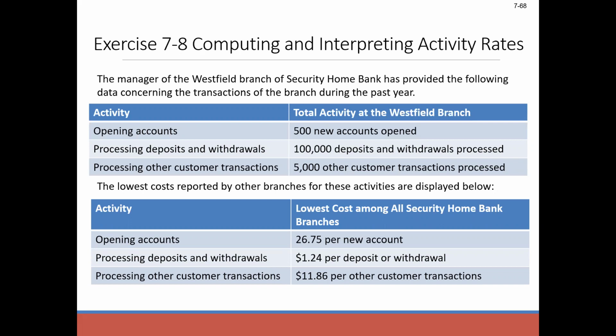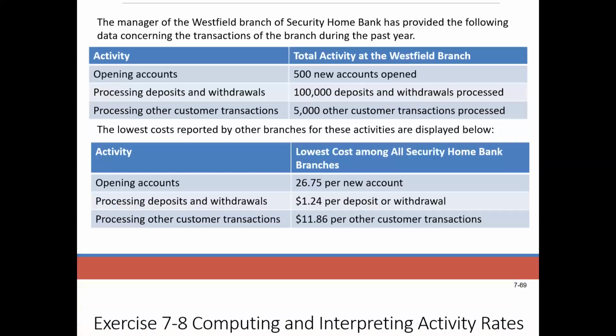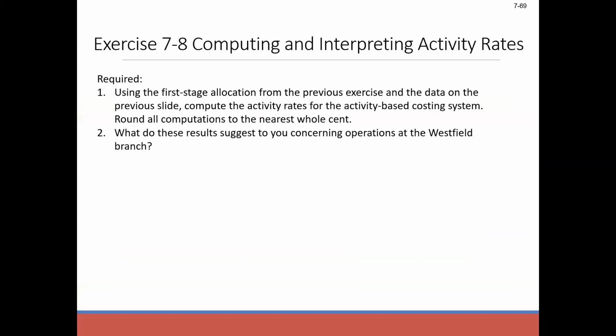Then with opening accounts, we broke it down to find out it costs $26.75 per new account. Processing deposits and withdrawals cost $1.24 per transaction. And the other transactions were $11.80 per transaction.